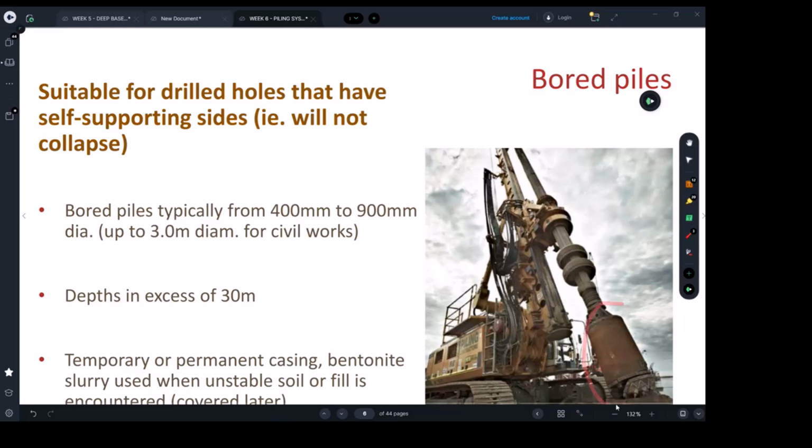You won't be using this. You will be using this only at the upper side of the soil, which is usually fill. It's usually not stable. Like the first meter, the first 1.5 meters, we will be using the buckets just to create a decent, stable soil and using those props.